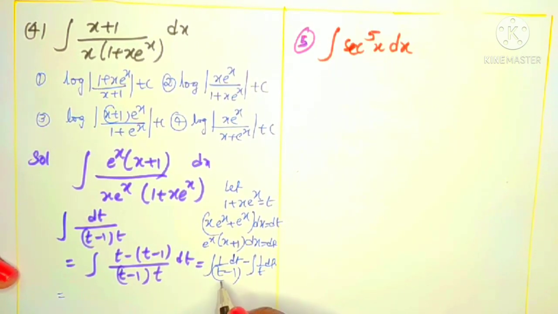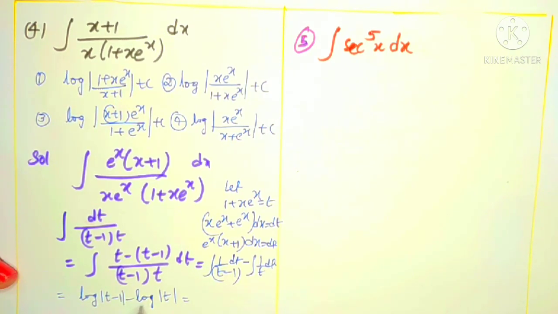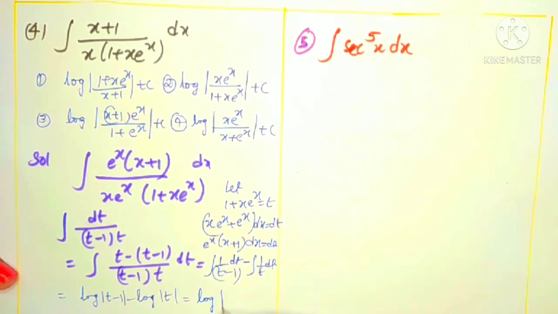You know integral of 1 by (t minus 1) is log of modulus (t minus 1), minus integral of 1 by t, which is also log of modulus t, plus c, the integral constant you can add. It is in the form log a minus log b, which means log of a by b: log of modulus (t minus 1) by t.